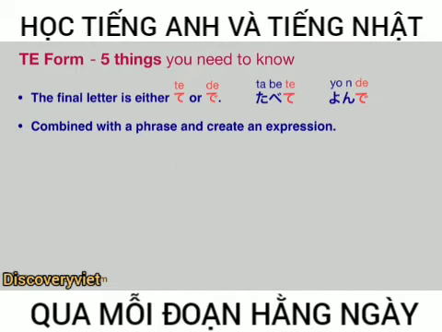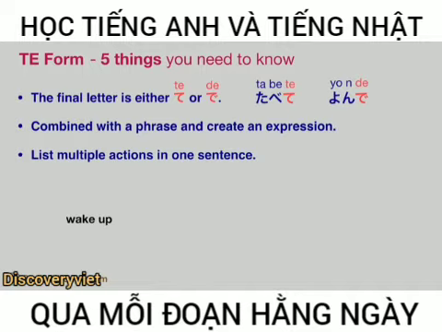Point number 3. Te form is also used to list multiple actions, meaning you mention more than one action in one sentence. For example, let's say you want to say something like this. I wake up at 6, do yoga, eat breakfast, and go to work. In English, you can just list all the verbs as they are in one sequence like this, right?